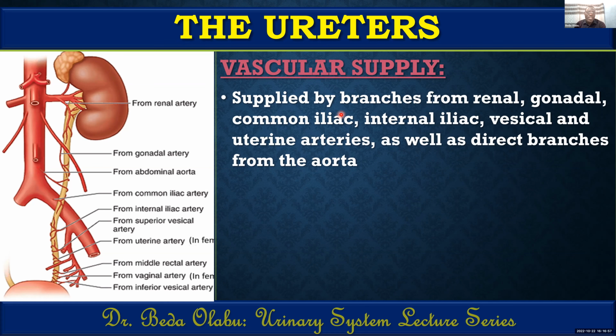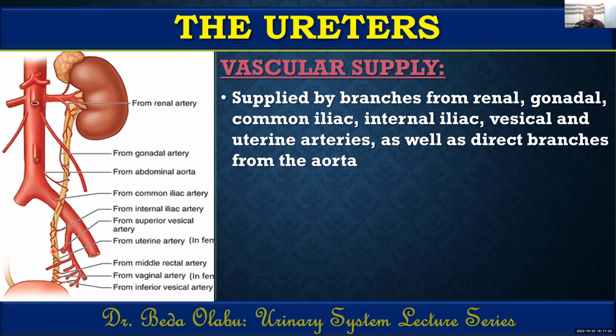So there are those vessels which enter from up. For example, we have branches from the renal artery, branches from the gonadal vessels, branches from the common iliac, internal iliac, vesicle down here, uterine artery, as well as some direct branches of the aorta also just supply the ureter.